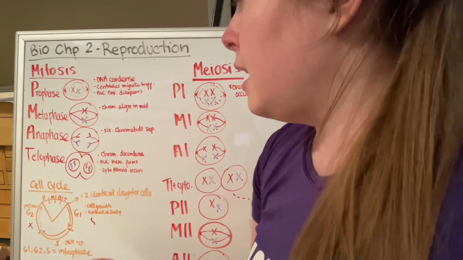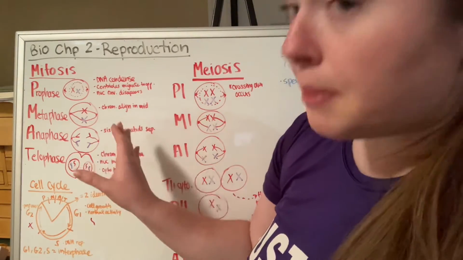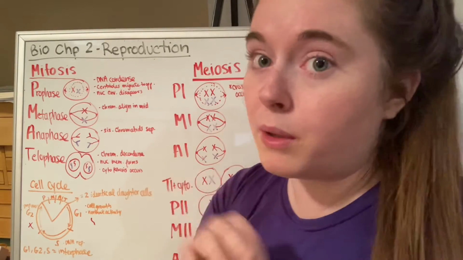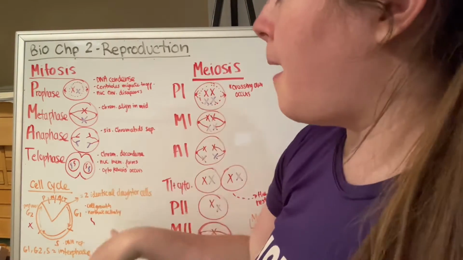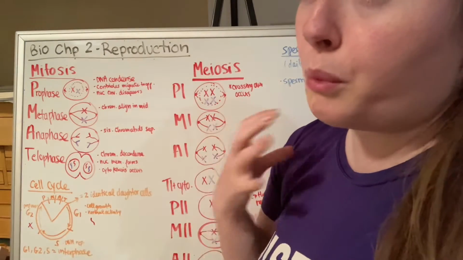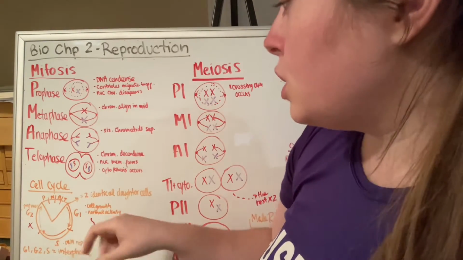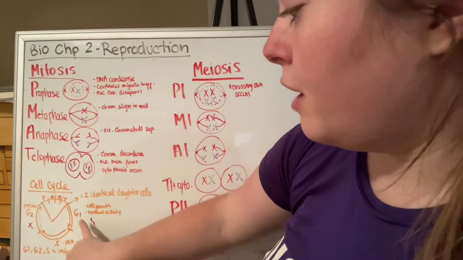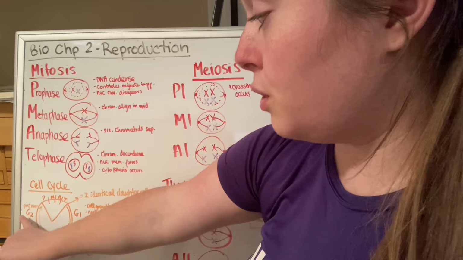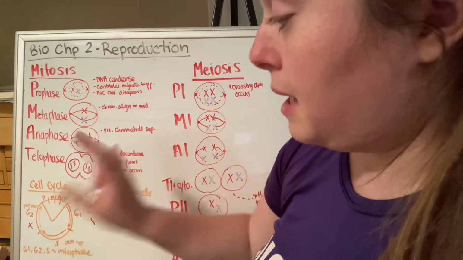As I said, this process is done by all the cells in your body except for the sex cells, which we will look at in a moment. The cell cycle gives a better picture of when this is happening. You have G1, S phase, G2, and PMAT.